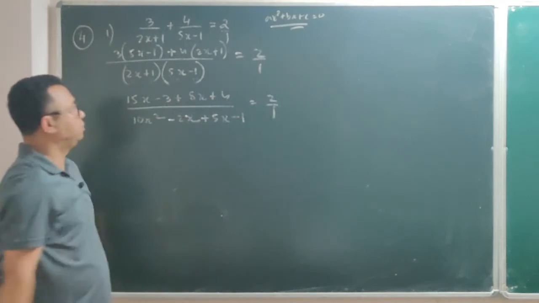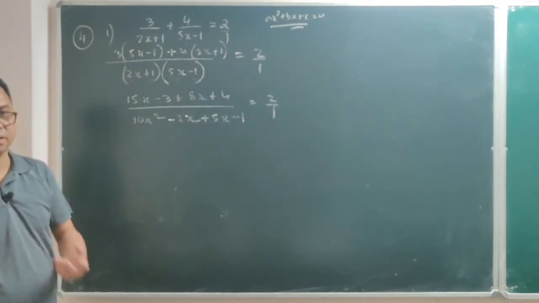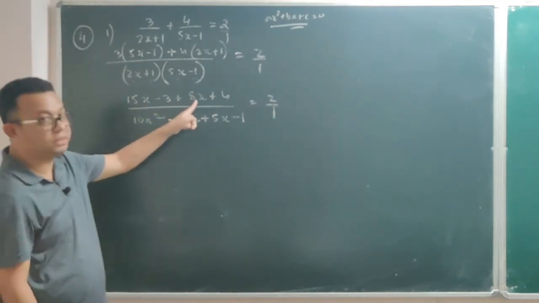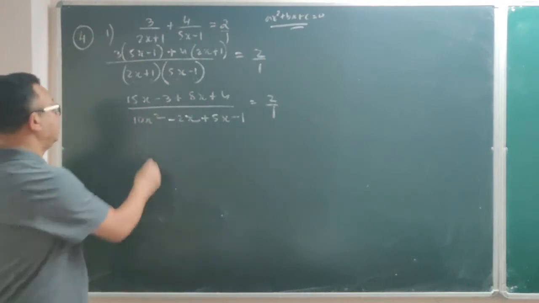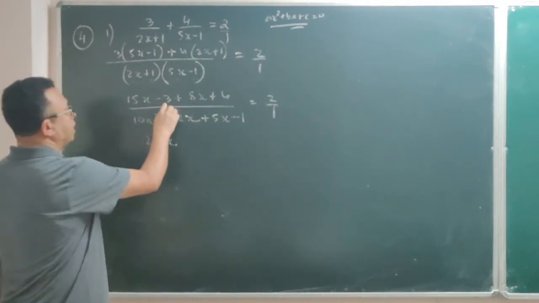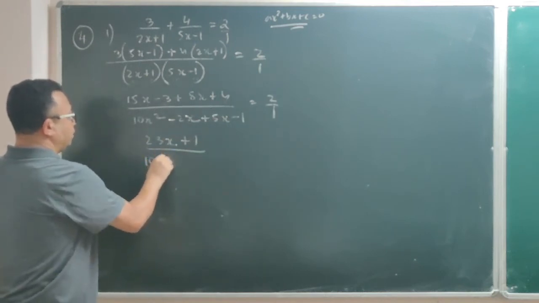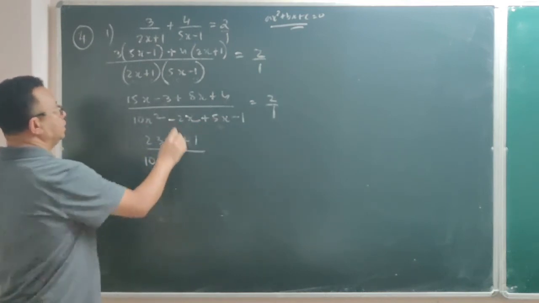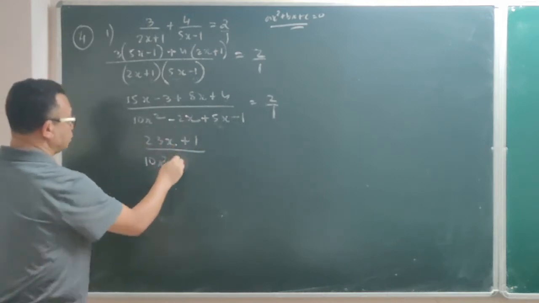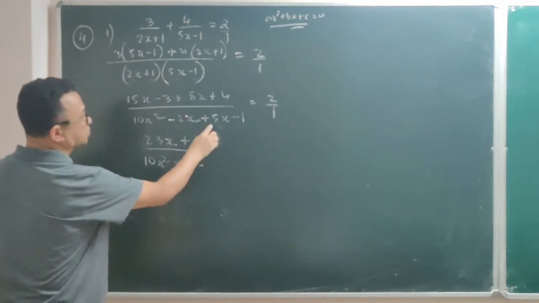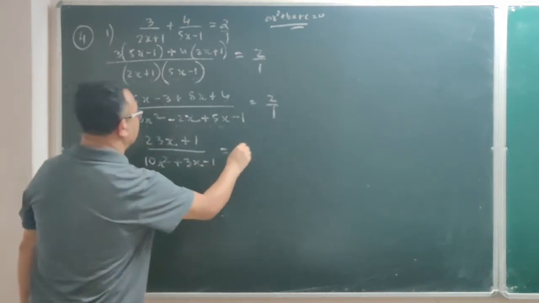Now I am ready to cross multiply, but whenever there are like terms, convert those like terms into a single term. Here 15x plus 8x, plus and plus I can add, so this will be 23x, minus 3 plus 4 is plus 1. Similarly on the lower side you have 10x square, and these two are again like terms, minus and plus is minus, so 5 minus 2 is plus 3 because the bigger one is plus, and minus 1 equal to 2 by 1.